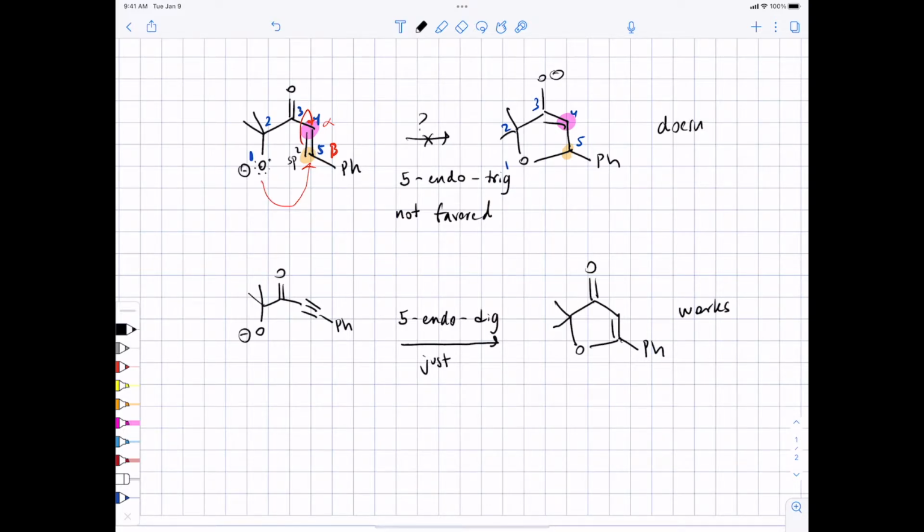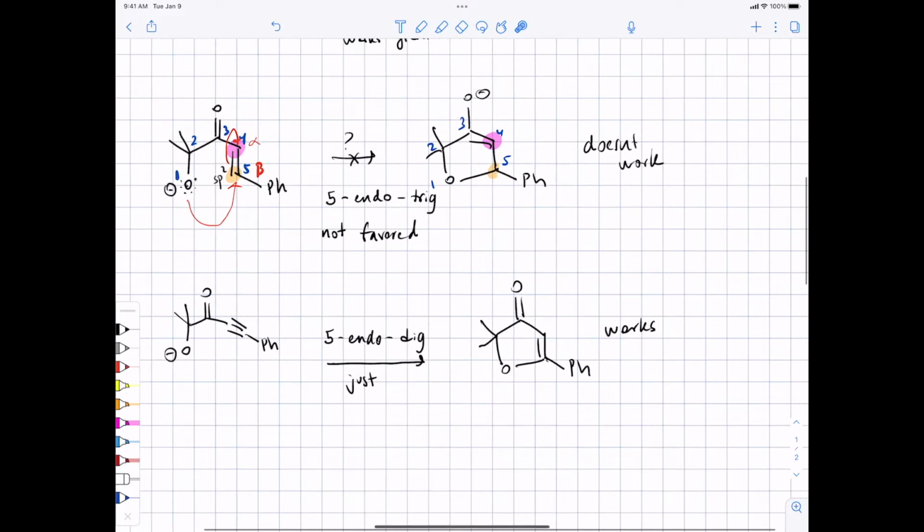Ice is supposed to have a carbon. Sorry? The carbon. Here? Carbonyl, is it supposed to still have one?